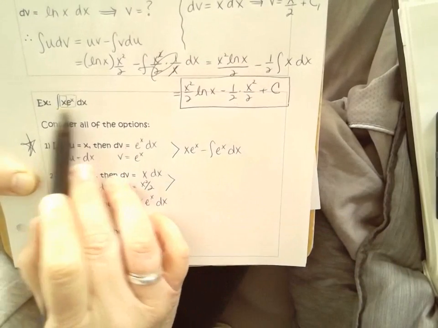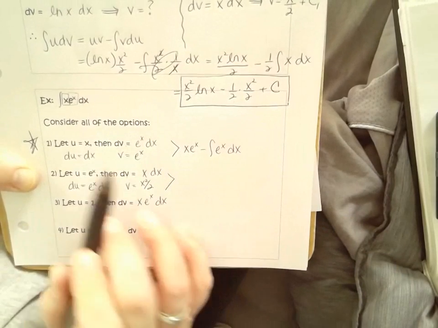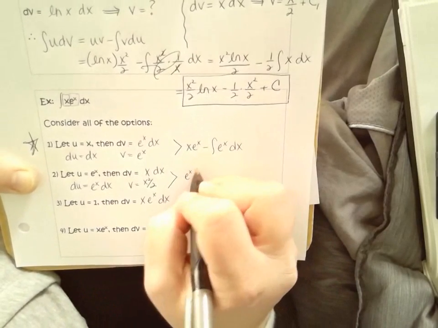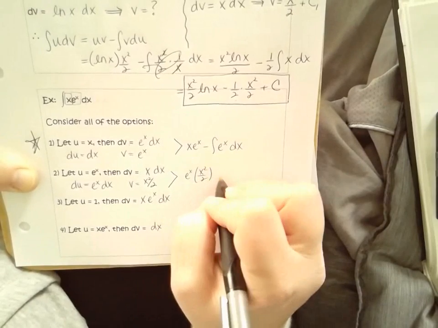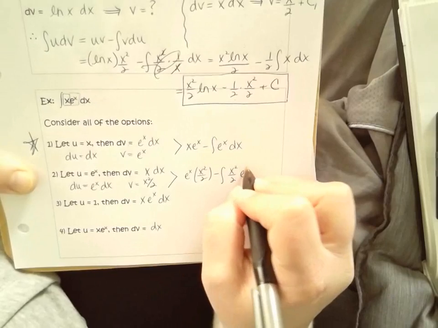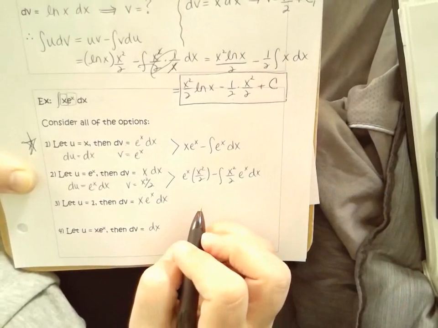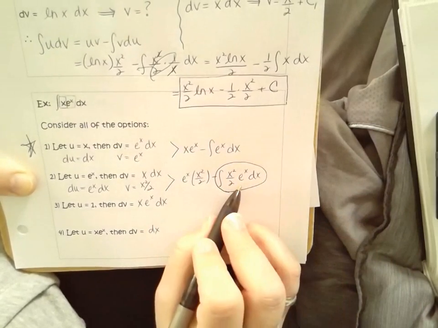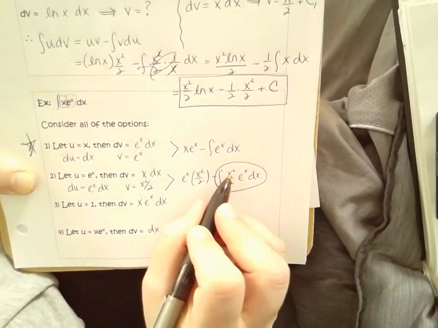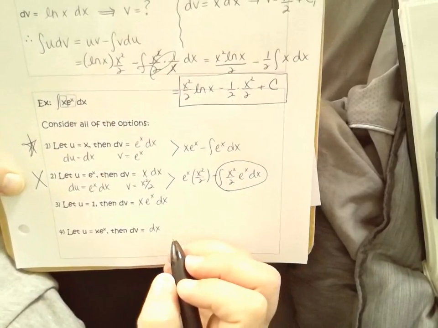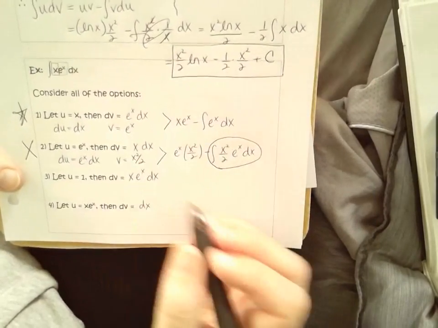That means that I would trade this integral for the combination of uv minus the integral of v du. Well, here's a problem. This is more complicated than what we started with. We're actually worse off because our x is growing. So I would definitely not recommend this direction.